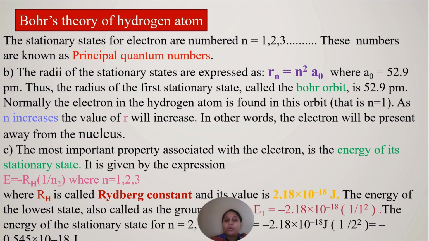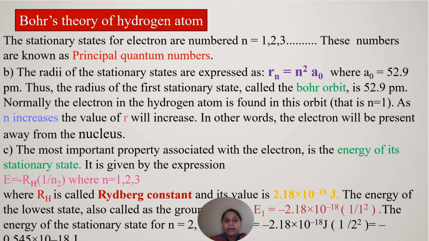The radius of the first stationary state is called the Bohr orbit, which is 52.9 picometer. Normally, the electron in the hydrogen atom is found in this orbit, that is n is equal to 1. As the value of n increases, the value of r will also increase.